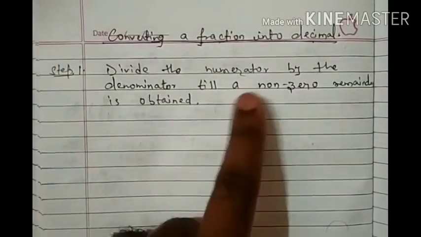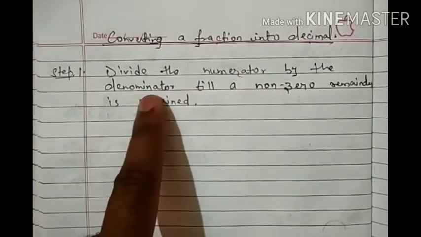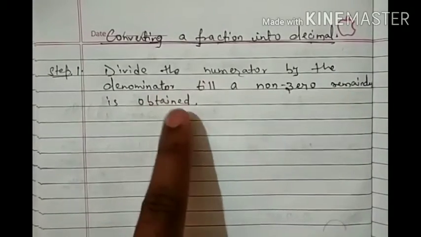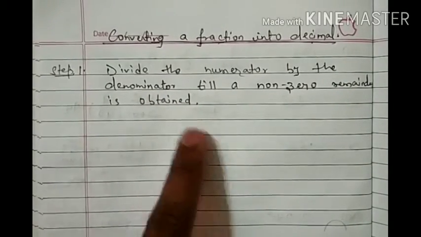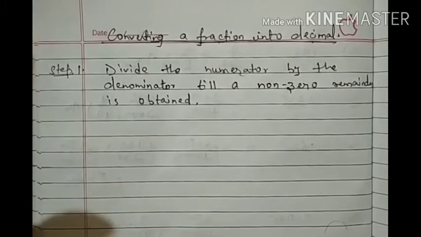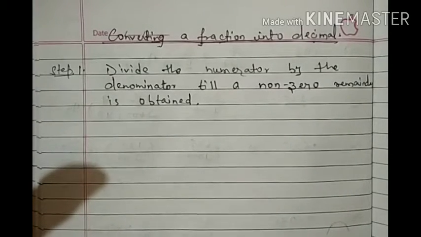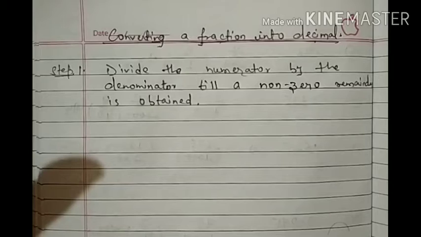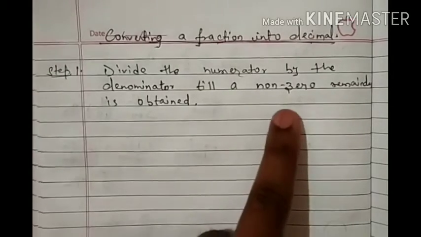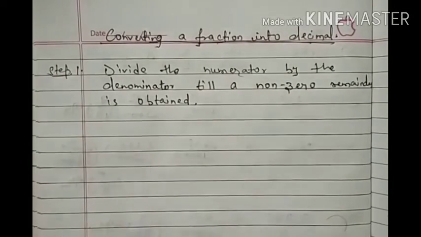First of all, we will divide the numerator by the denominator till a non-zero remainder is obtained. Till we get a non-zero remainder, we keep on dividing.